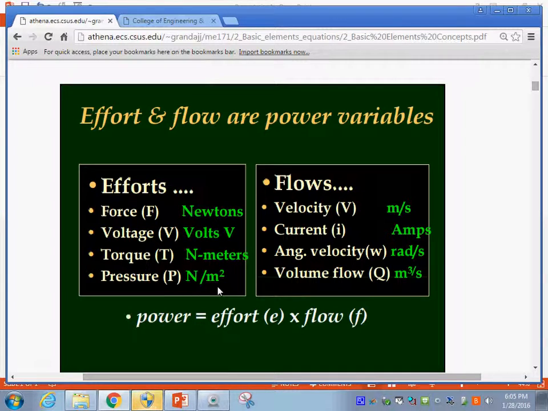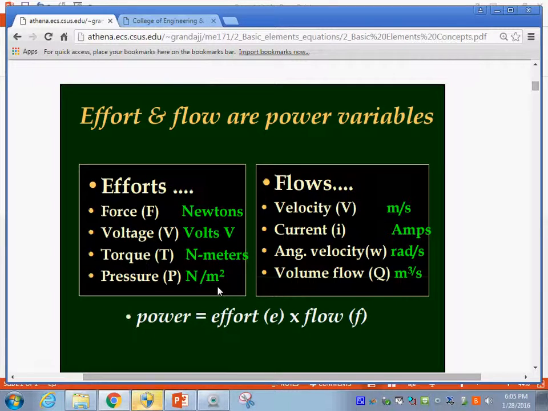So what I'm trying to say is, if you have a mechanical system where the force is measured in newtons, the counterpart in an electrical system is the voltage, or the counterpart in a rotational system is the moment in newton meters, and the pressure, of course, in newtons per meter square.